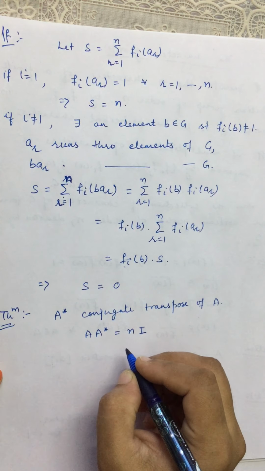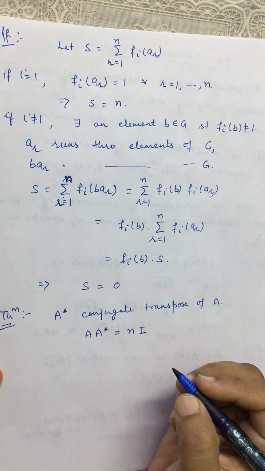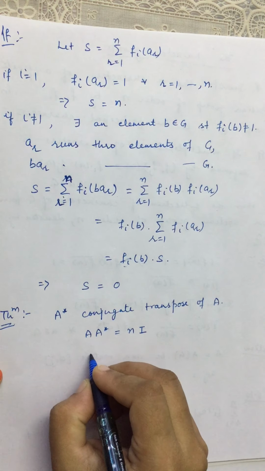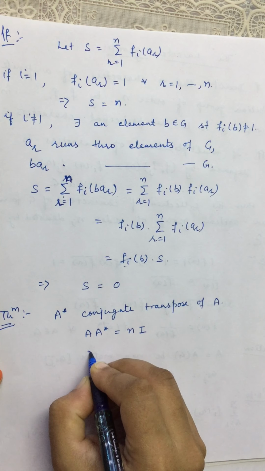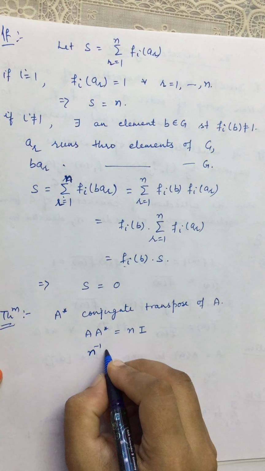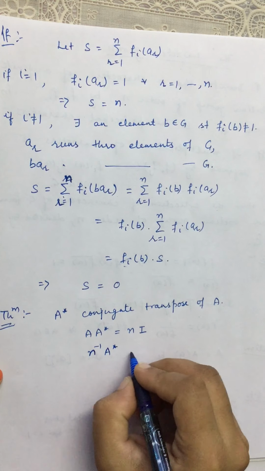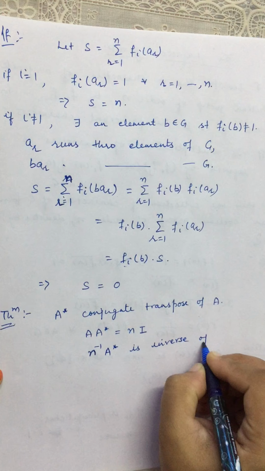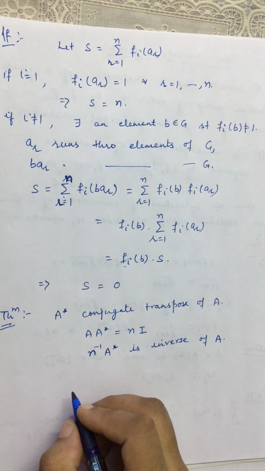So from this relation we can say A is an invertible matrix, which means n inverse into A star is the inverse of the matrix A.